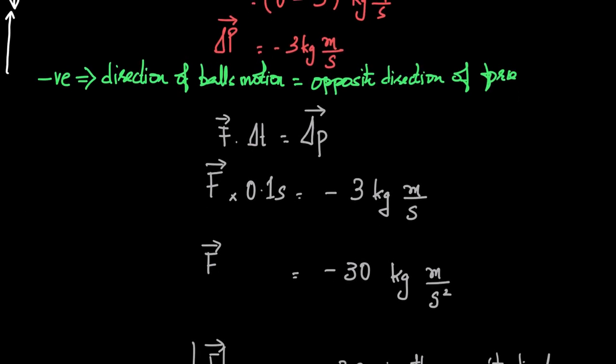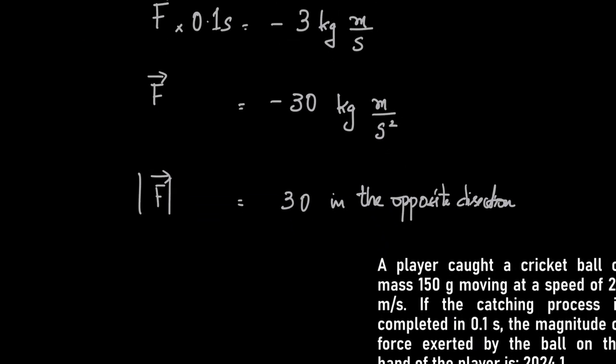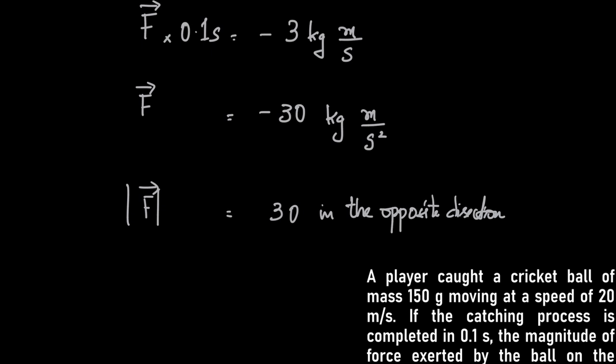Now, with this in mind, by the impulse momentum theorem, F dot delta T will be equal to delta P. Delta T is 0.1 seconds. Delta P is minus 3 kilogram meter per second. Again, vector notation is really important here. And therefore, what we get is vector F is equal to minus 30 kilogram meter per second square, and kilogram meter per second square is Newton.